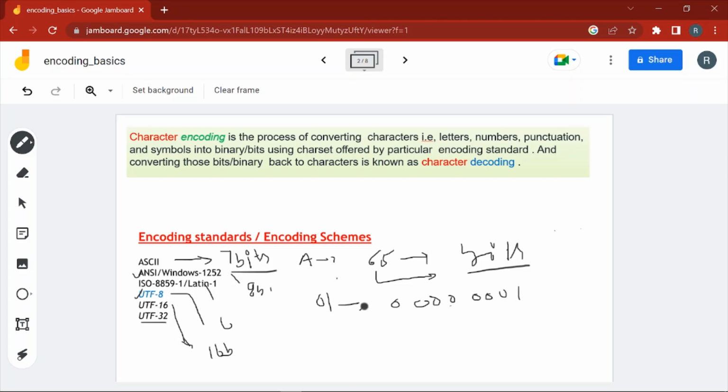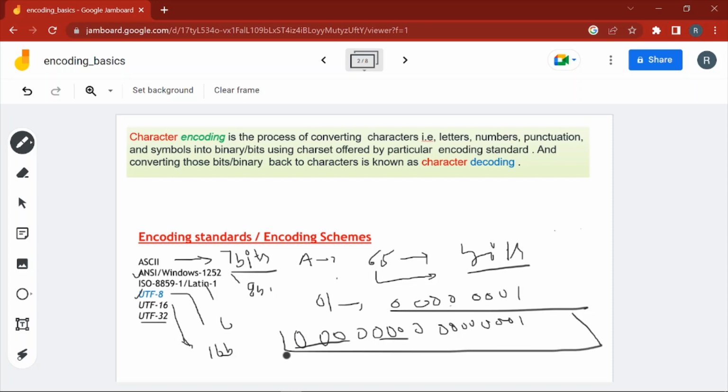If you are using UTF-16, then you will represent this 1 in 16 bits: 8 zeros and then these 8 bits. So these are the 16 bits. The same 1 has been represented by 16 bits in UTF-16. If you represent the same 1 in UTF-32, you will have 32 bits. This is called the code unit: how many bits you are using to represent a particular number.